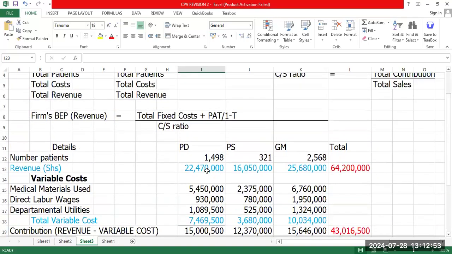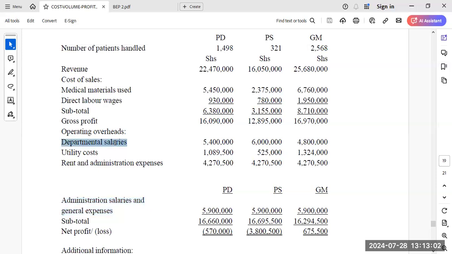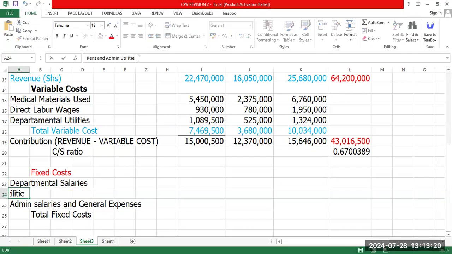Our departmental salaries for PD, when you check in our question, it's here. Then our rent and administration expenses. How did I phrase this one? It is just rent and administration expenses, not utilities.